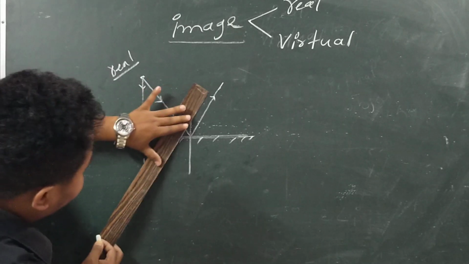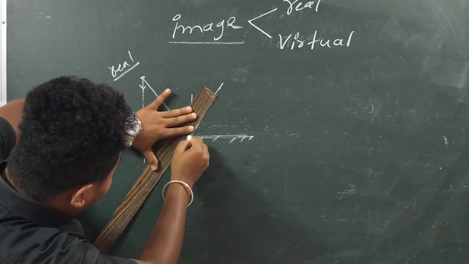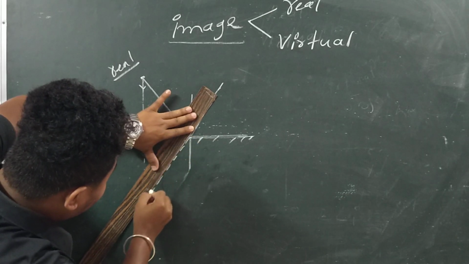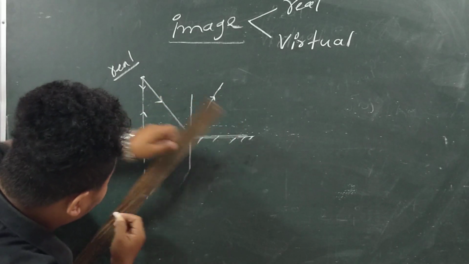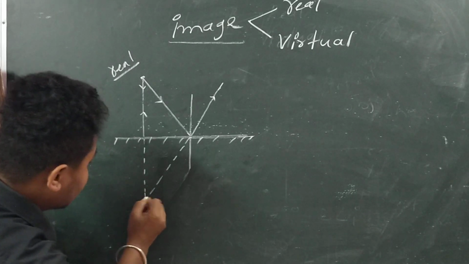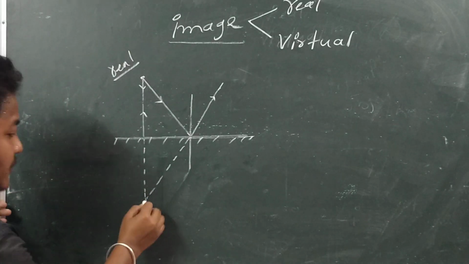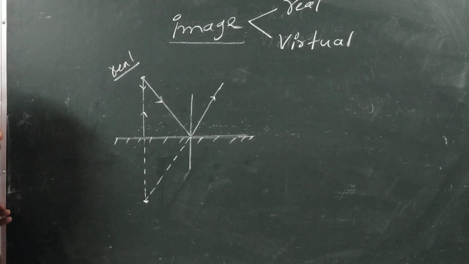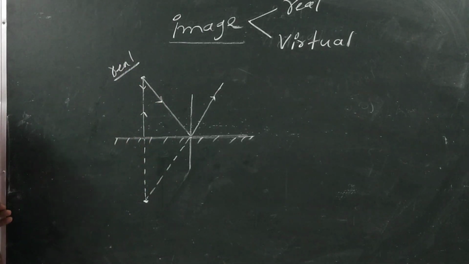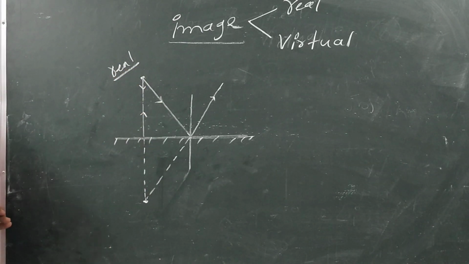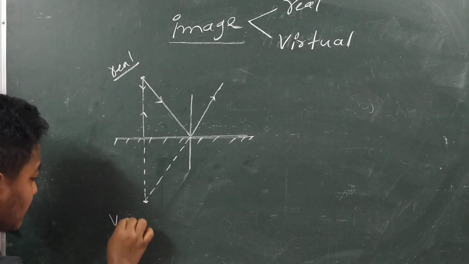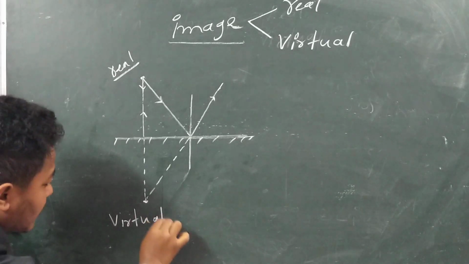I will extend backward, this one too. You see, I am extending this way. That means this will be the image of this particular object. This object was a real object, and this image will be a virtual image.